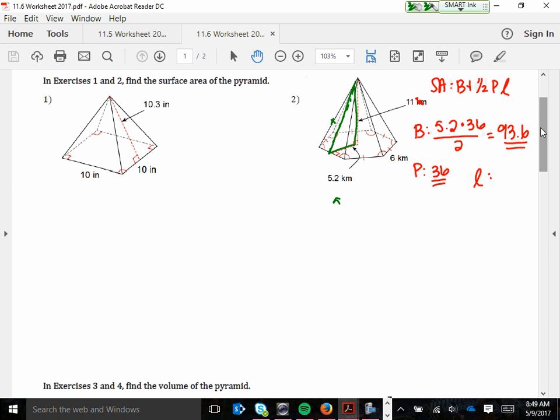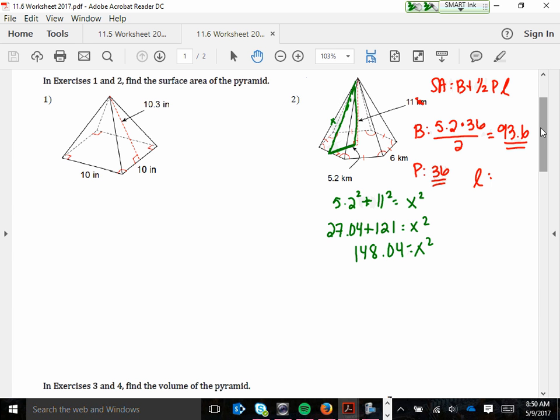Pythagorean theorem, 5.2 squared. We don't have to cut that in half because this is literally 5.2. Plus 11 squared equals x squared. 5.2 squared is 27.04. 11 squared is 121. That's 148.04 once you add them together.